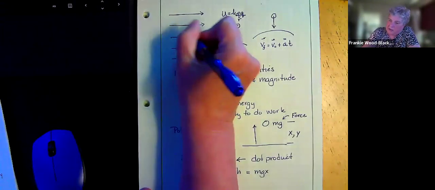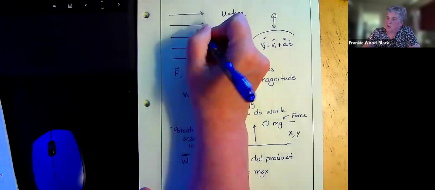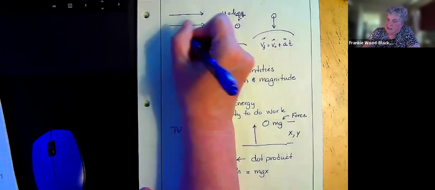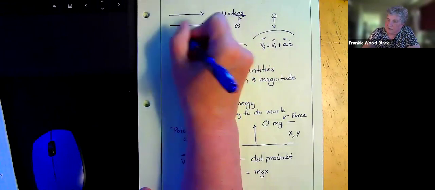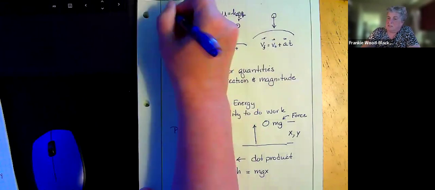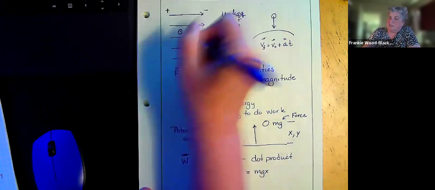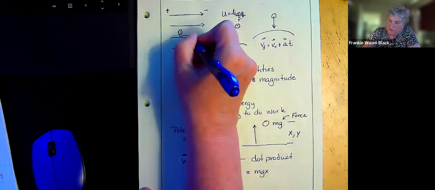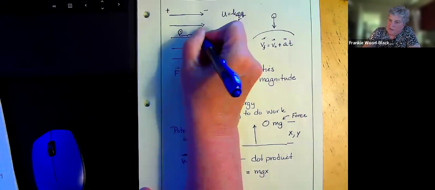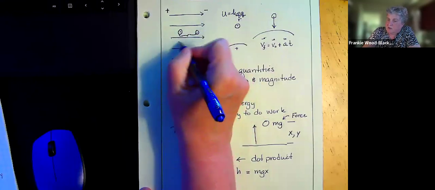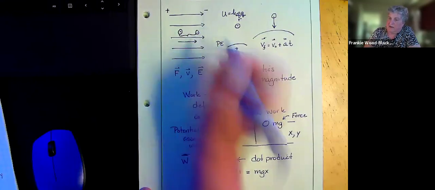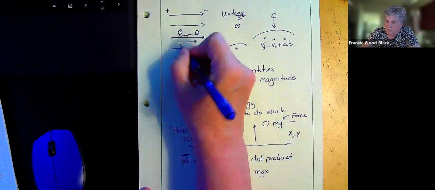So if I put in an object, let's say that this is a negative charge. Because remember, this is the positive side and this is the negative side. I'm going to have to do physical work to move this object from here to there. I've got to do work.